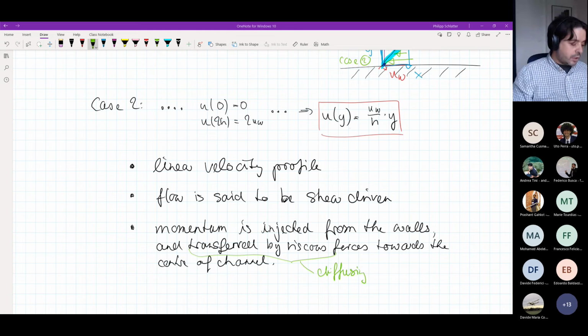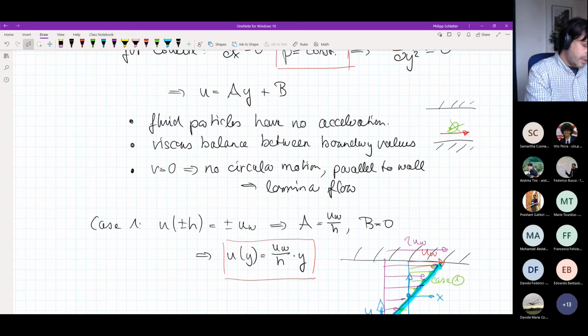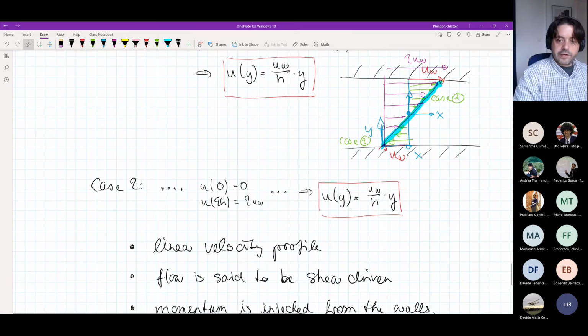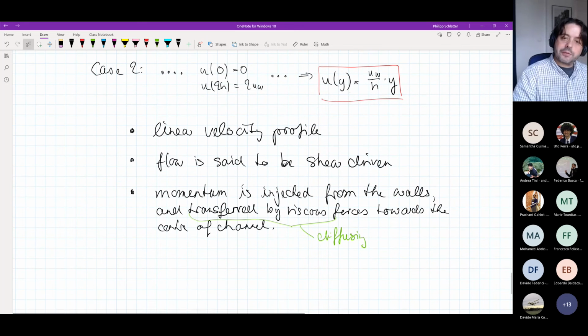Okay, so now we have solved this Couette problem, and of course it was very easy to solve at the end, because the only difficult part was to solve a second order differential equation, but that was very easy to do. And we also have a physical interpretation of what's actually happening.